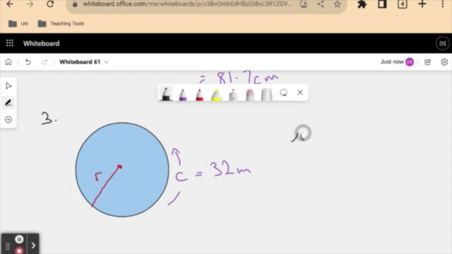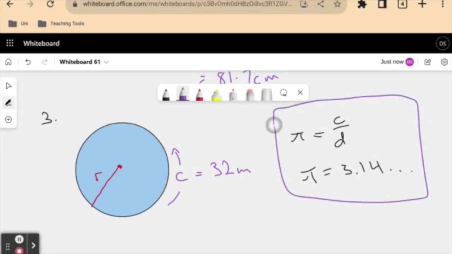So our pi is the ratio of our circumference to our diameter, and our pi is roughly 3.14. And we're going to use this once again. So what are we actually trying to find here? Well, based on this equation, we're trying to find the radius here.